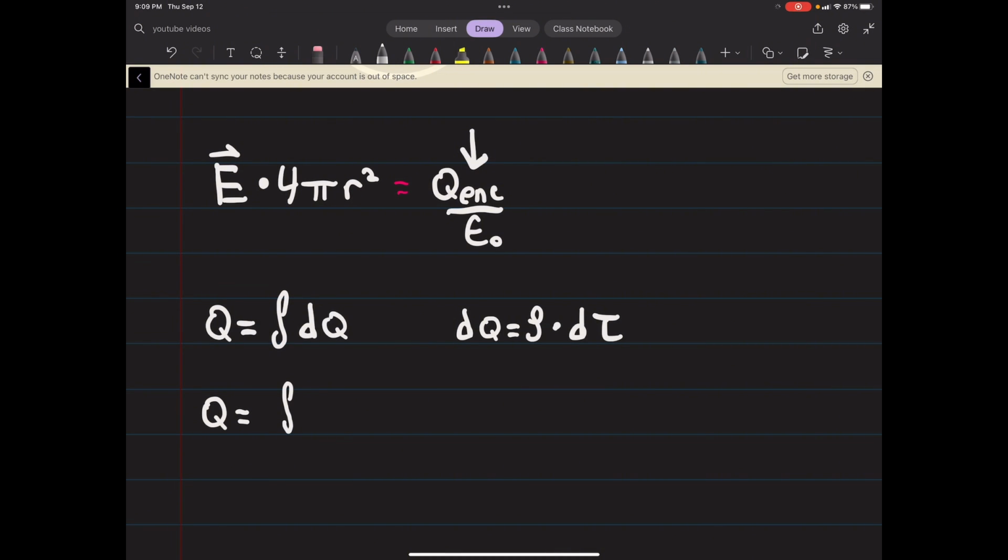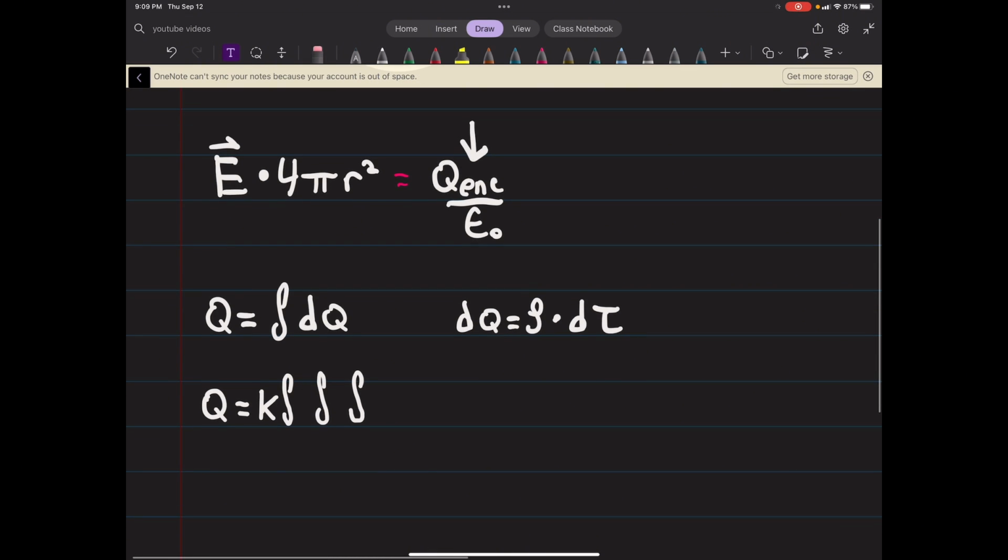Now this will be a triple integral because it's a three-dimensional problem. Rho was k times r, so I'm just going to factor an r out. We have a factor r. And then for the d tau, again, this is spherical symmetry, so we'll use r squared sine theta dr d theta d phi.